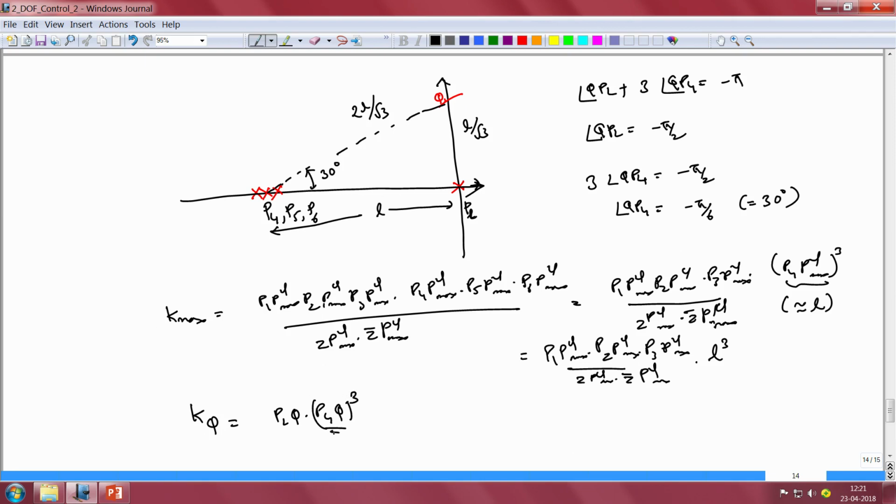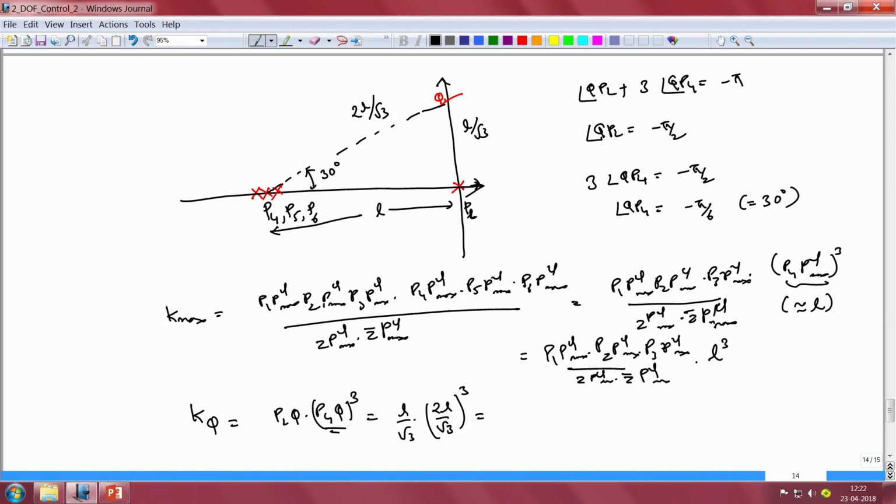I am taking P4Q cubed because we have 3 poles, namely P4, P5, P6, which are all coincident and therefore at the same distance from the point Q. And we note that if this is a right angle triangle with the angle at the point P4 being equal to 30 degrees, then from trigonometry the distance PLQ is equal to L by root 3. So that is one term, and the hypotenuse of the triangle, which is the distance P4Q, is equal to 2L by root 3, and that is going to get cubed.